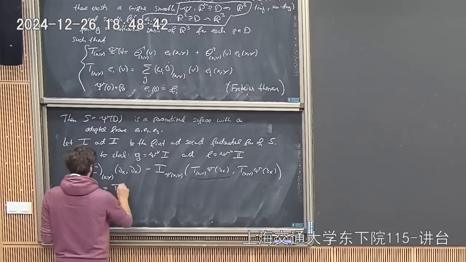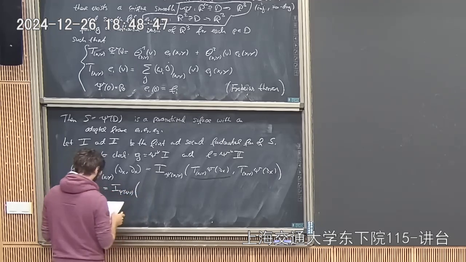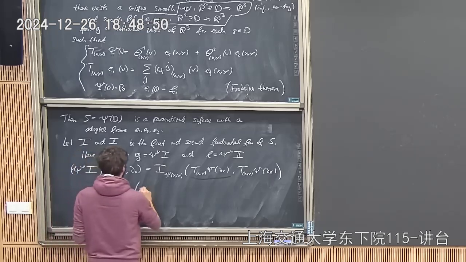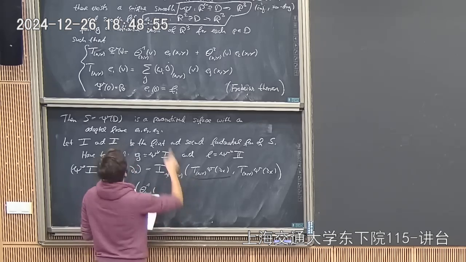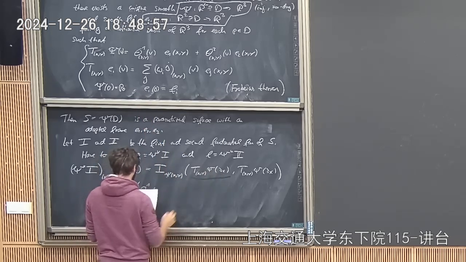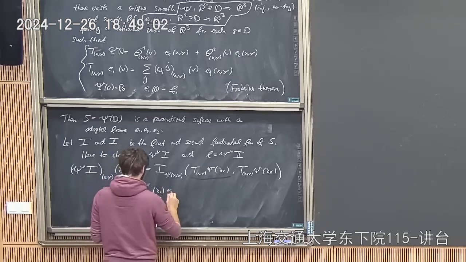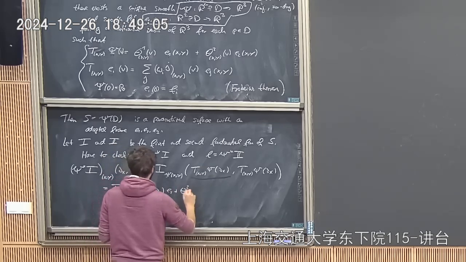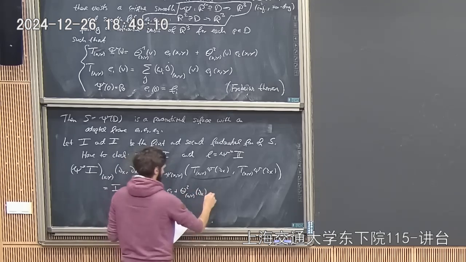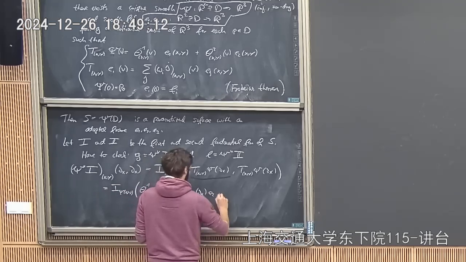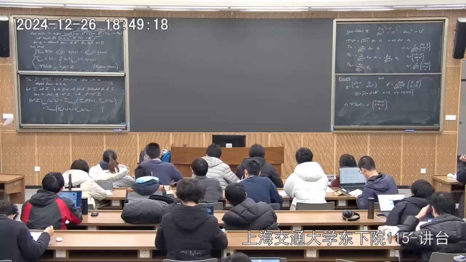So what we end up with is theta 1 at x and y, in the v direction, but v is in this case dx. So here we get dx E1 plus d phi in the x direction dy, and then E2. And a similar expression comes from this part here.